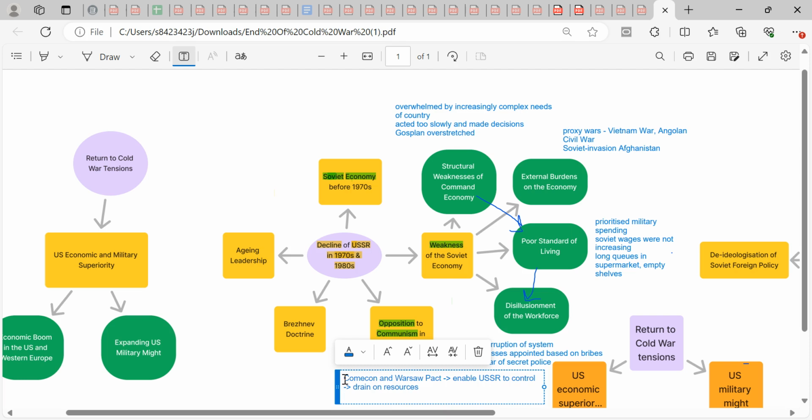Then we have the protest movements. You can talk about the Prague uprising and the Hungarian uprising as well. I showed you the images. All this meant there was a great willingness of people to protest.